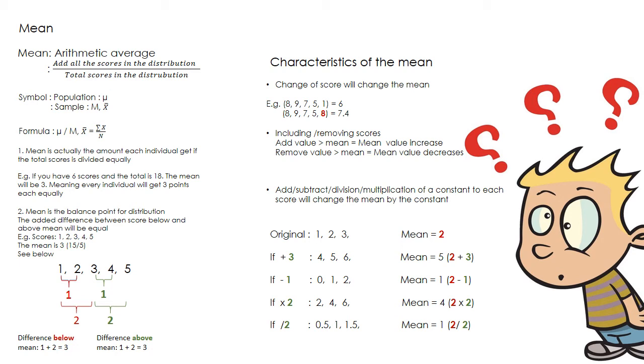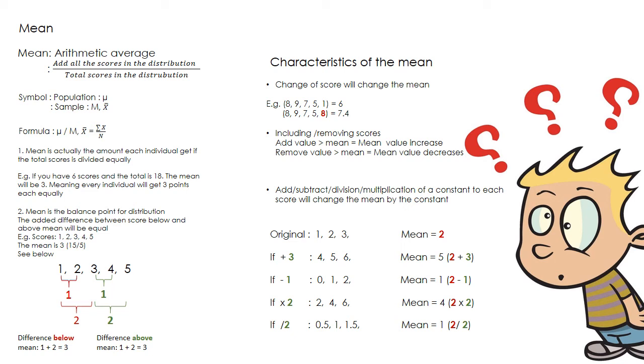What is the distance, the difference of the scores from 1 to 3 and 2 to 3? 1 and 2 are below the mean, 4 and 5 are above the mean. What I'm trying to show here is that the difference of the scores below and the difference above the mean will be equivalent, which is 3.